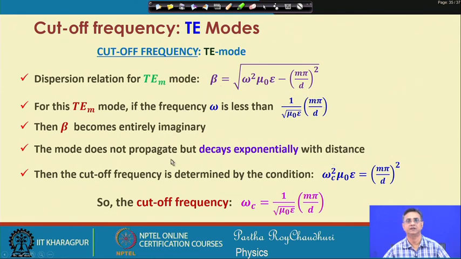That is why the electric field will decay exponentially through the structure, and that means the cutoff frequency is determined, because these modes will not be able to propagate through the structure. Therefore we set this cutoff frequency such that above this frequency given by this expression, we have waves propagating. So the cutoff frequency is given by this expression.